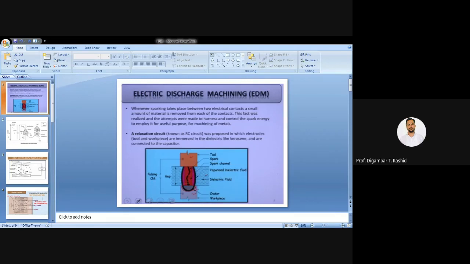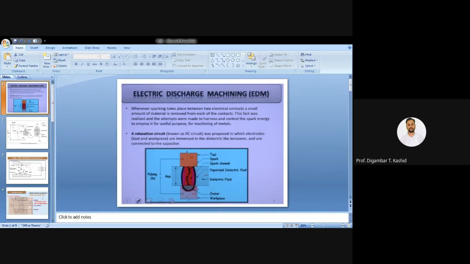But here we have the open end that any kind of hard material can be machined by this process. Irrespective of the hardness of your workpiece material, this process can be used.